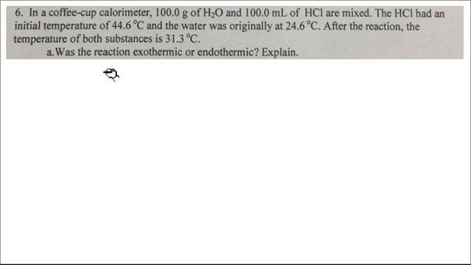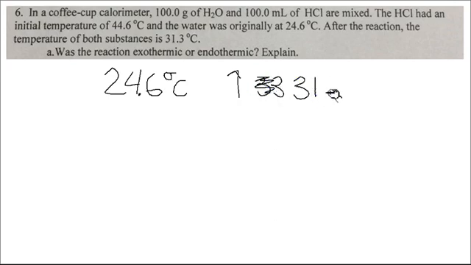So let's look at it from the water first. The water started at a temperature of, what was it, 24.6 degrees Celsius, and its temperature increased to 31.3 degrees Celsius.